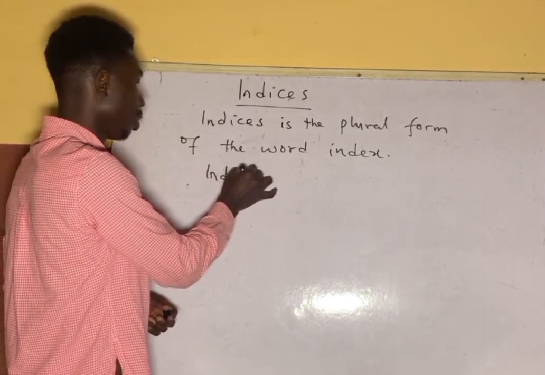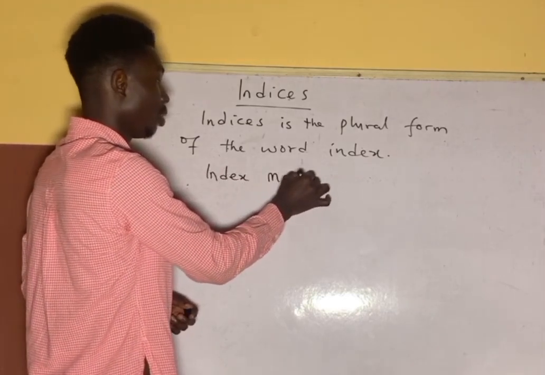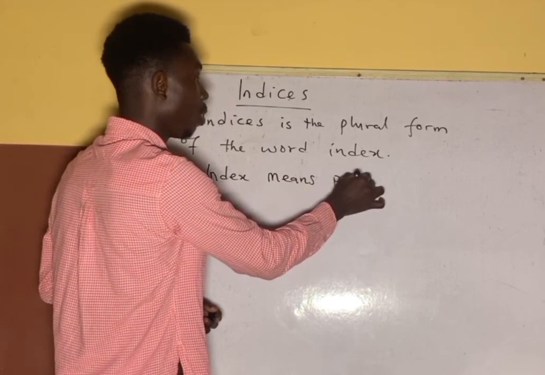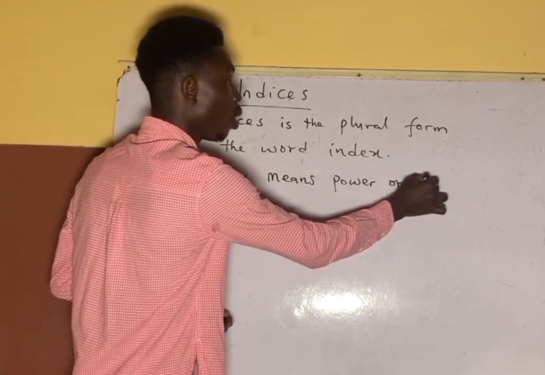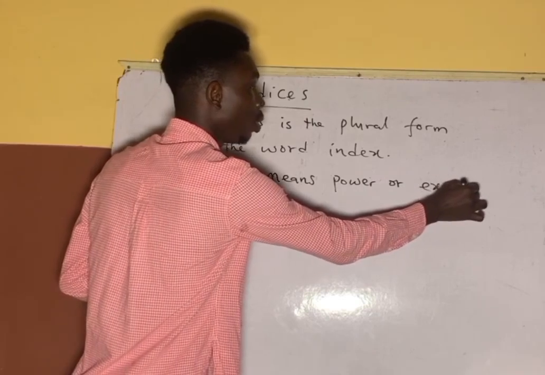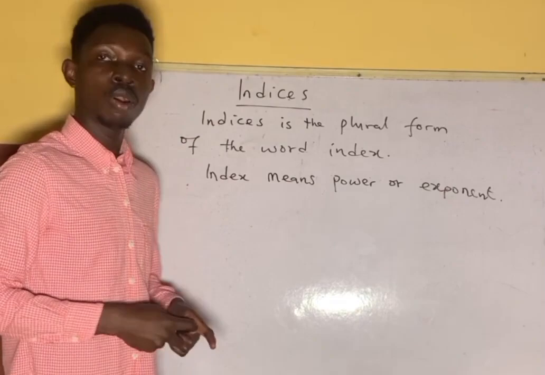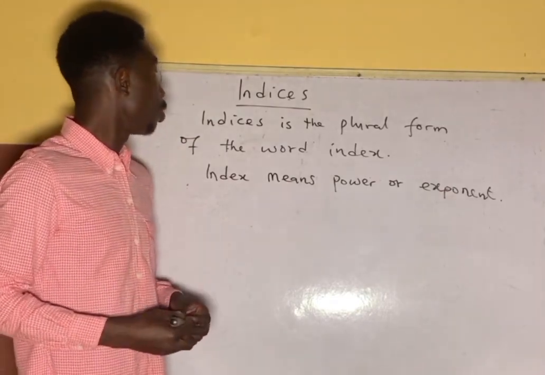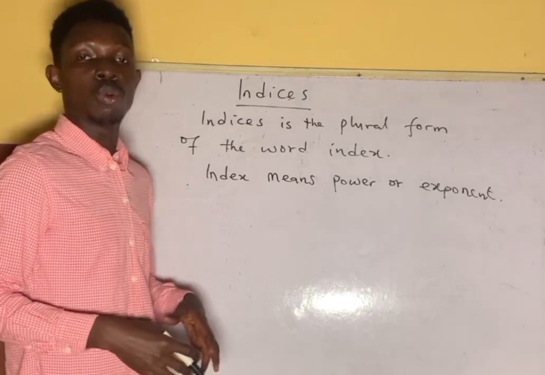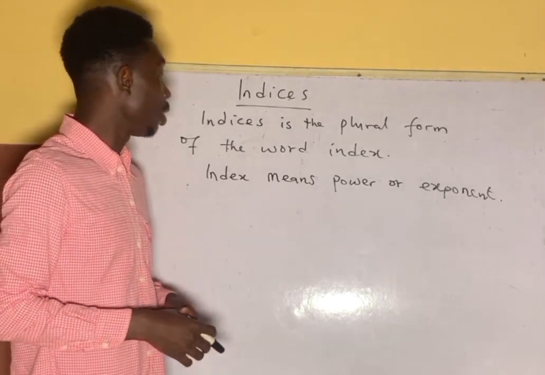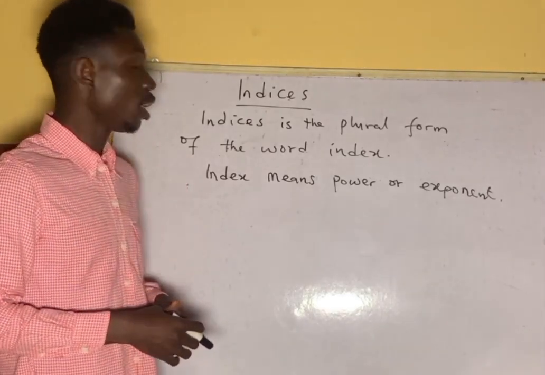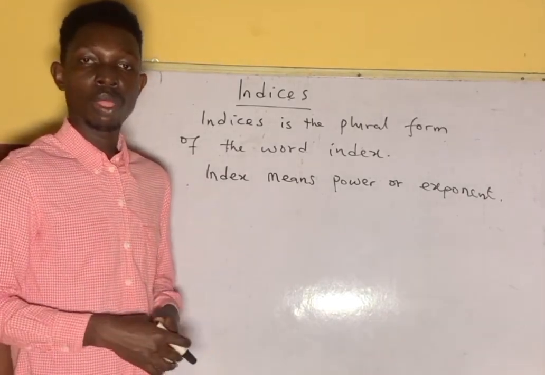Index means power or exponent. So basically in indices, we'll be looking at numbers written in exponent form.